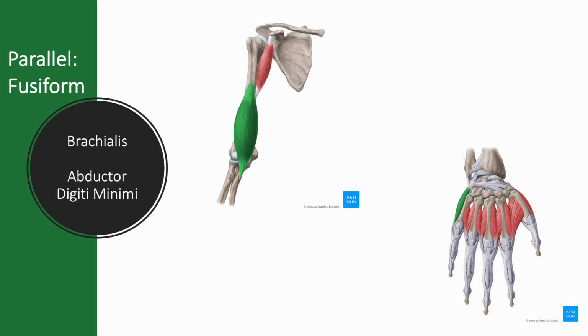For the abductor digiti minimi, spread your fingers wide and feel the lateral side of your hand, and you'll feel that little football shape engage. It's a perfect example of how even a tiny muscle follows the same structural rules as big ones.